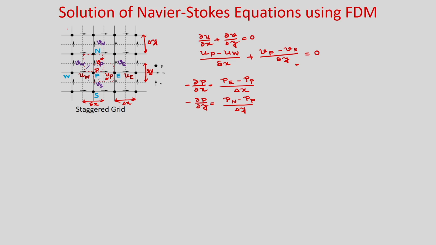Now, in the boundary conditions, if you have a staggered grid, let us consider a square cavity. So, these are the boundaries. Obviously, at the boundaries you will apply no slip boundary condition.